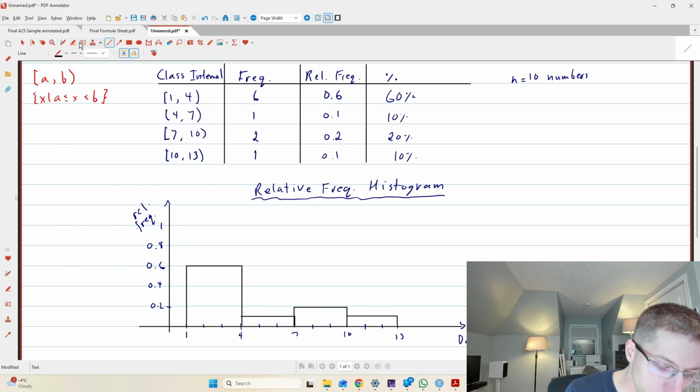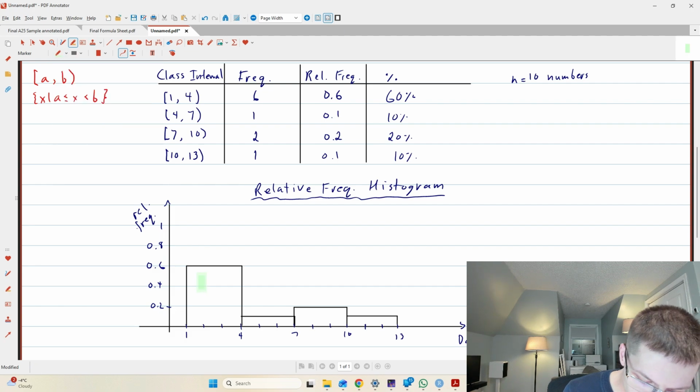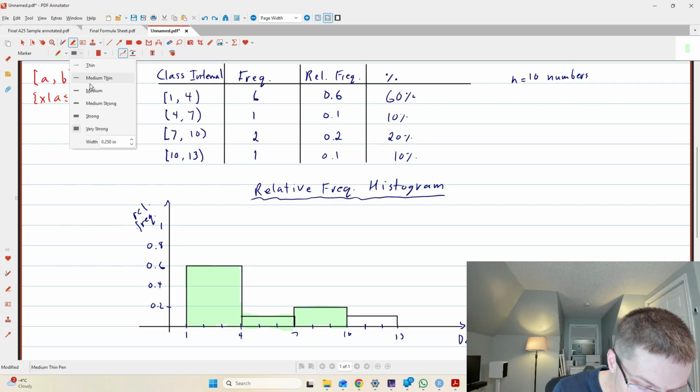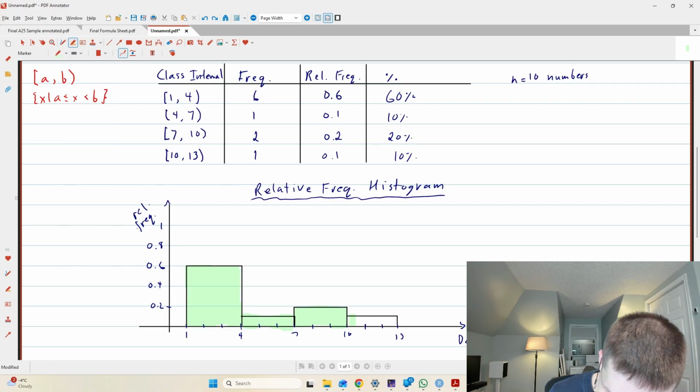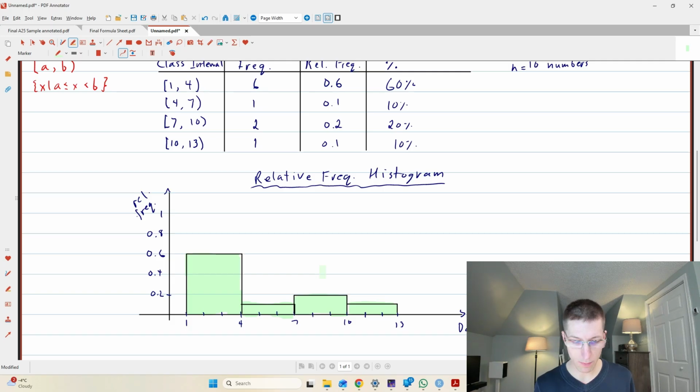If you want to make it look fancy or pretty, you can shade them as you see fit. Stylus is too thick for that. There we go.